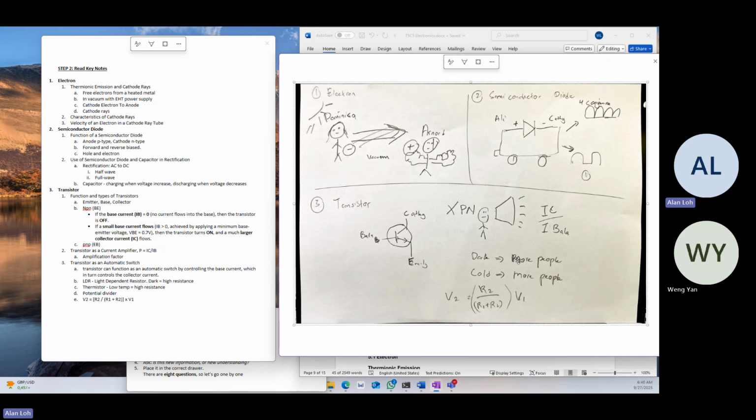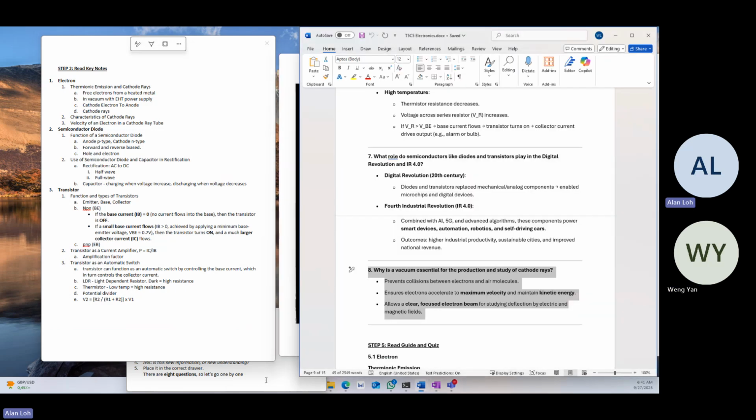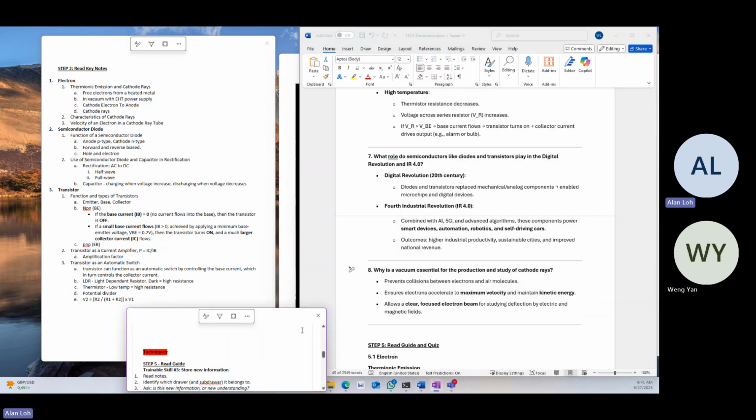You have the application on the thermistor and also the LDR. So it will automatically turn on and turn off based on the temperature or based on the light intensity, right? So let's continue on step number 5.